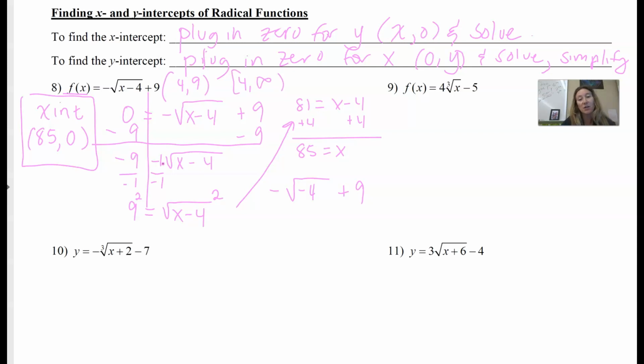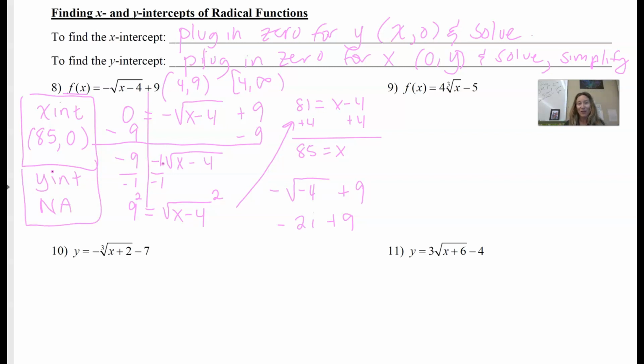So x of 0 is not one of the values in this function, and we see that mathematically here. I've got negative 4 in the radical, and the answer to that is an imaginary number. It would be 2i, and with the negative sign, plus 9, which is not a real number. It's an imaginary number. So for the y-intercept, I'll just write NA. It does not apply.